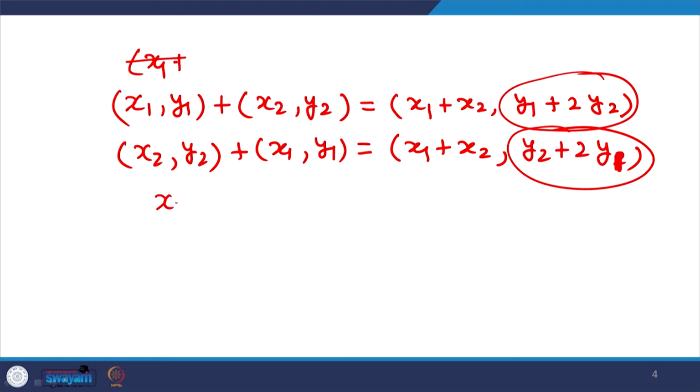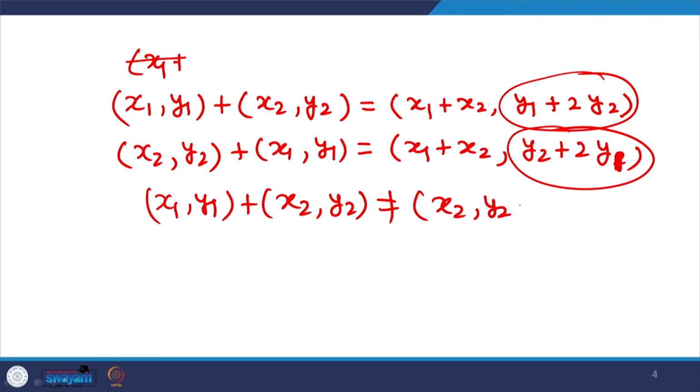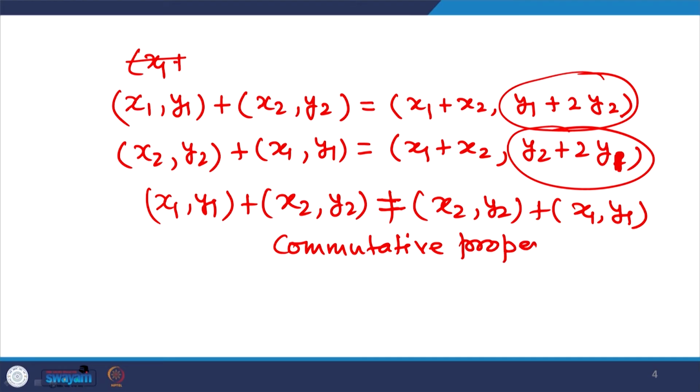So, (x1, y1) plus (x2, y2) is not equal to (x2, y2) plus (x1, y1) in general for all vectors in R2. So, the commutative property does not hold.